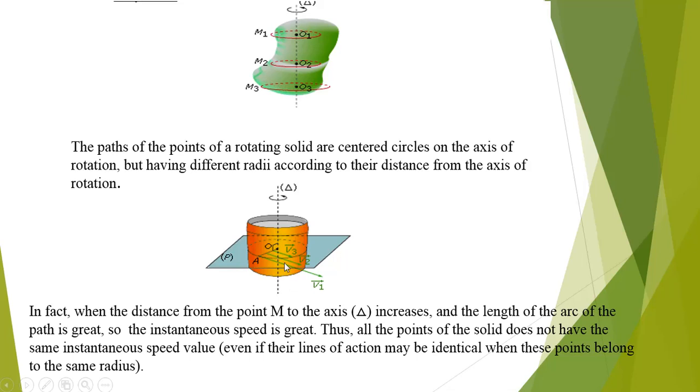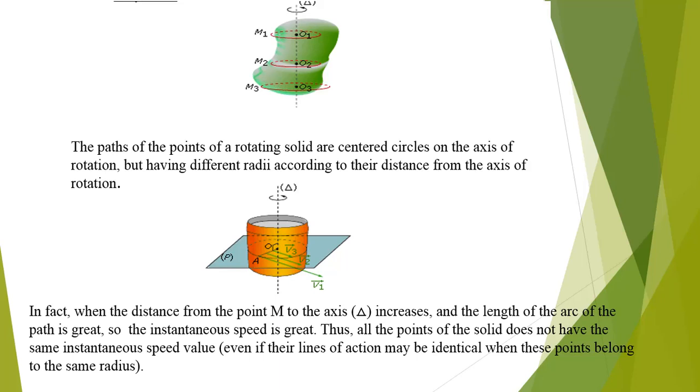Why? Since the distance from O to the point N, for example, relative to V3, is different from the distance from O to the point M relative to the velocity vector V2, and the distance from O to the point A relative to the velocity vector V1.